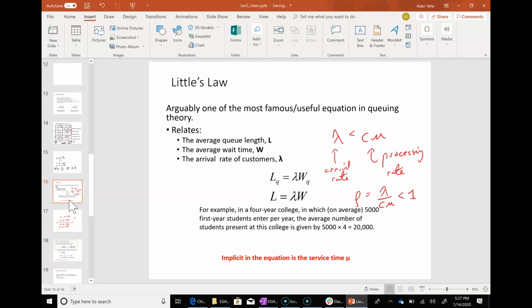And in fact, let's be a little bit more explicit. Let's say the utilization is strictly less than 1. We call that stable. If it's greater than or equal to 1, it will be unstable. Even if you can process equally as quickly as they come in, your system is unstable. So just keep that in mind.